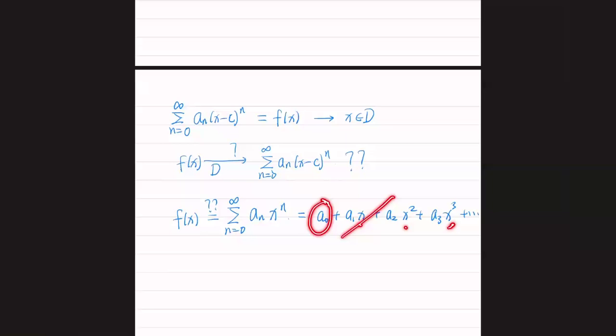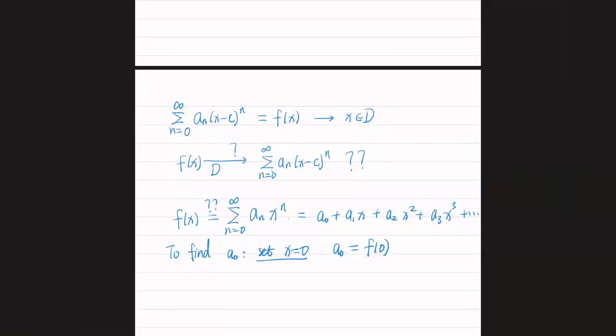Then all of this goes away. So A0 will be f(0). Do you agree? Why? Okay, perfect. That's all we need. So to find A0, we set x to be 0. So A0 is f(0).